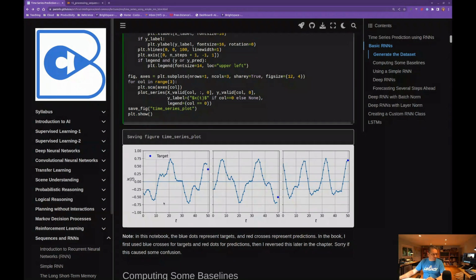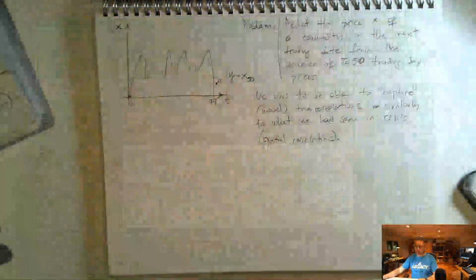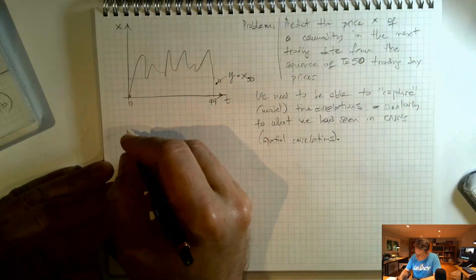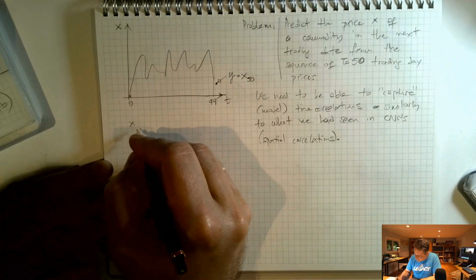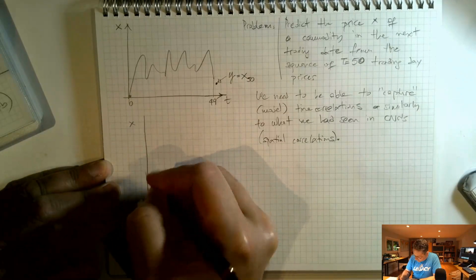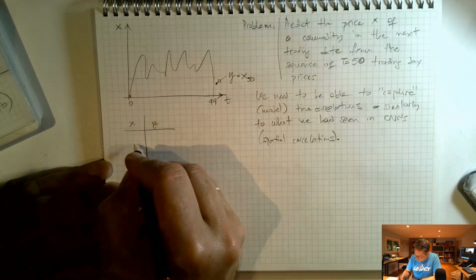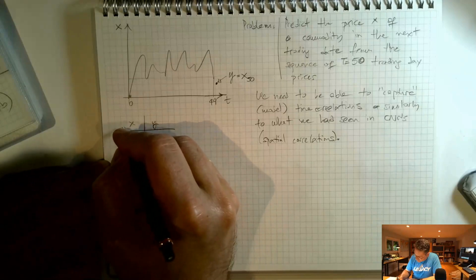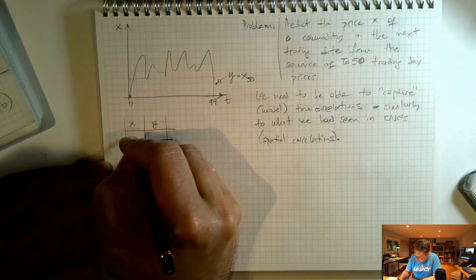Okay, so this is effectively our data set, and now let me write down a table familiar to us. So we still have this x and y table. For every example we have a sequence.